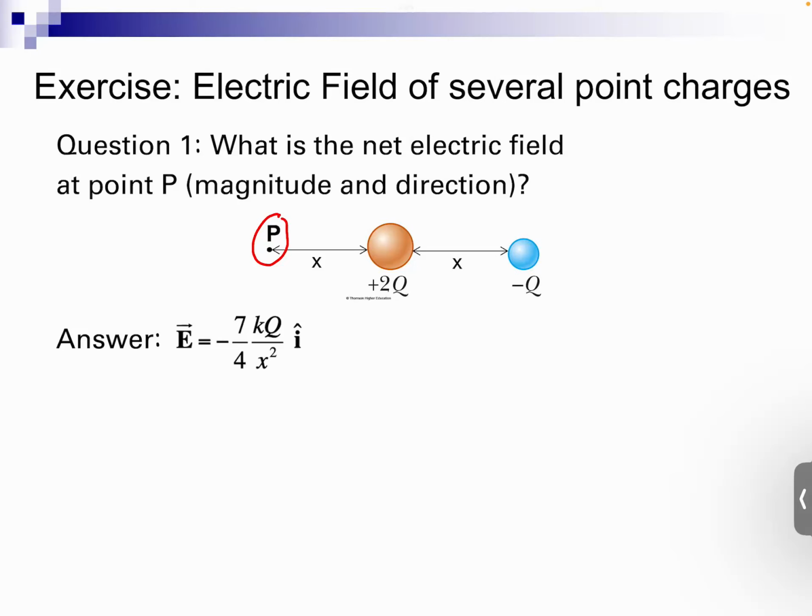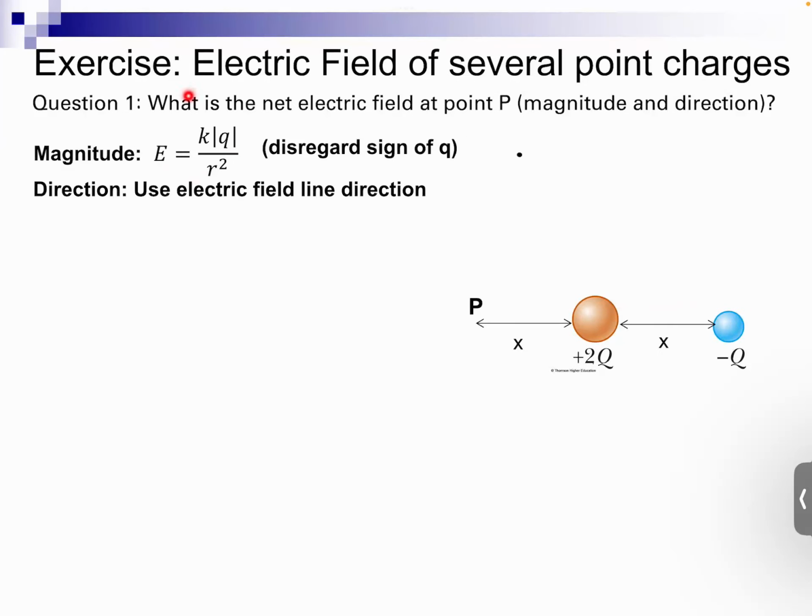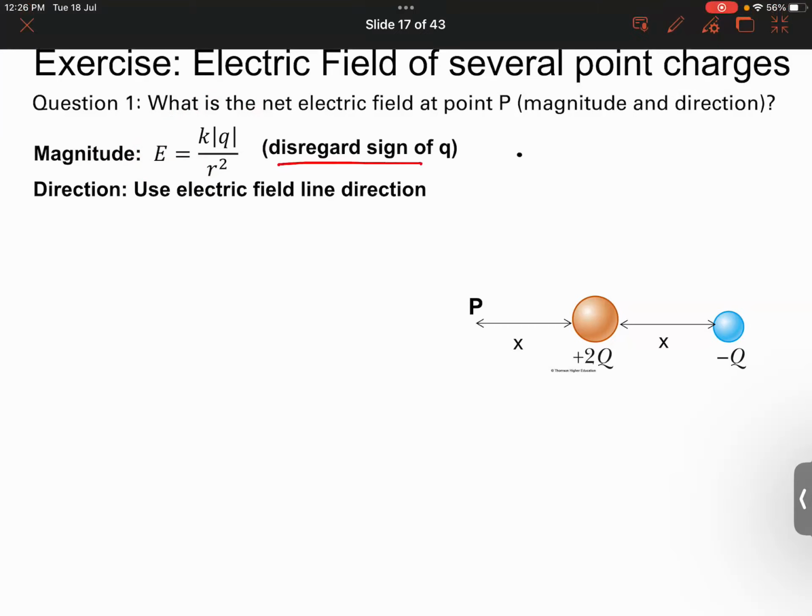All right, the approach here is exactly the same approach we used with Coulomb's law, because in essence, the equation for the electric field came from Coulomb's law. So you calculate the magnitude of the electric field using the equation, disregarding the sign of the charge, because the sign of the charge gives you the direction of the electric field.